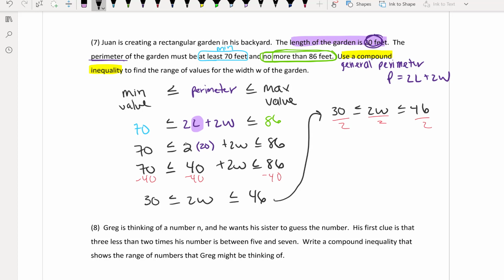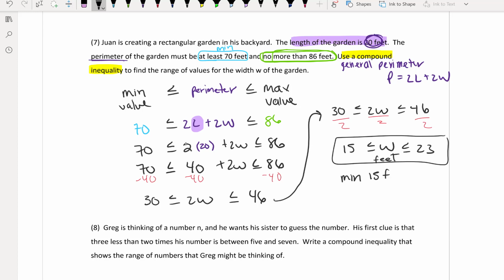So half of 30 is 15, and half of 46 would give me 23. So that would have to be the range of the values for my width. It can be as small as 15, or it can be as big as 23 feet. So minimum 15 feet and maximum 23 feet. And I'm talking about the width, W for width.